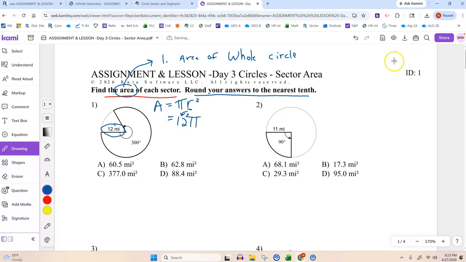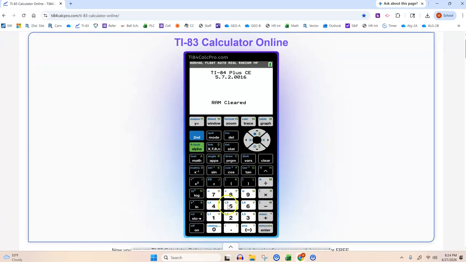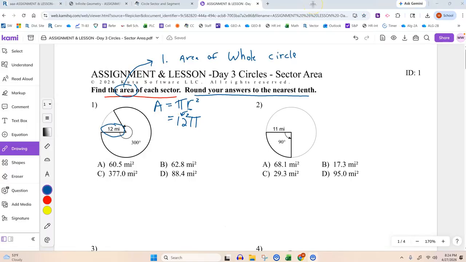If we do that on a calculator, 12 squared, to the power of 2, enter, then we have to multiply that by pi to get the actual answer. So what do we get? We get 452.